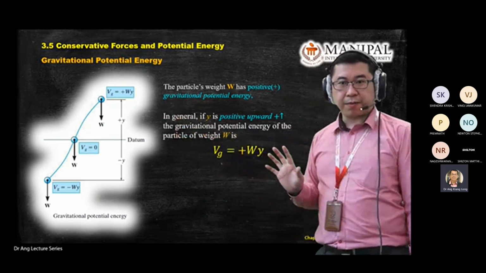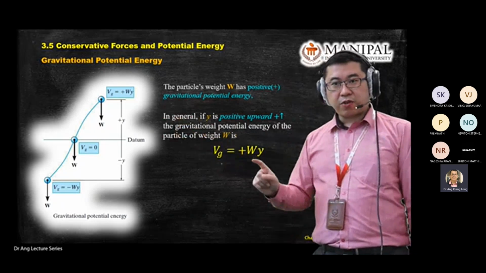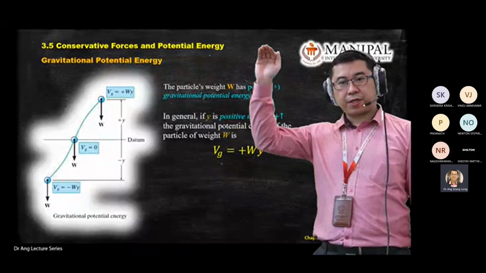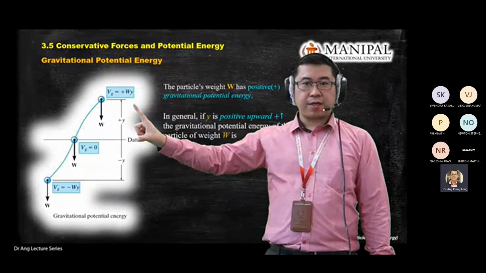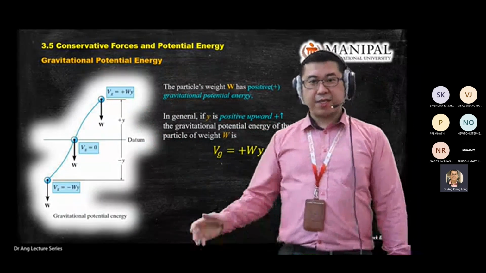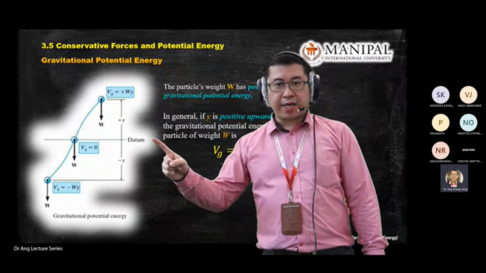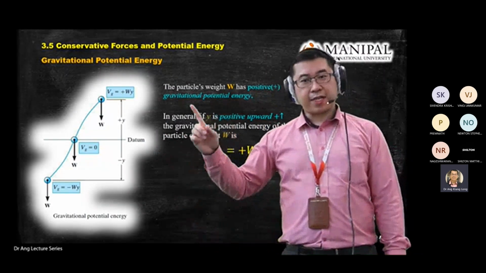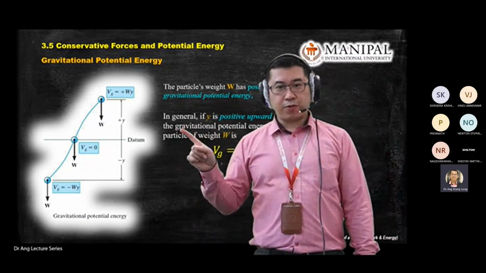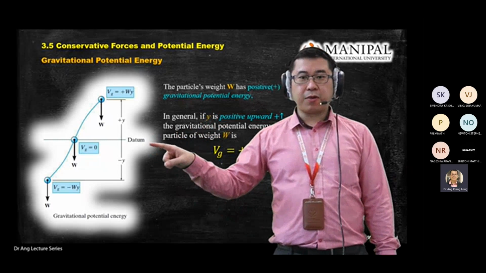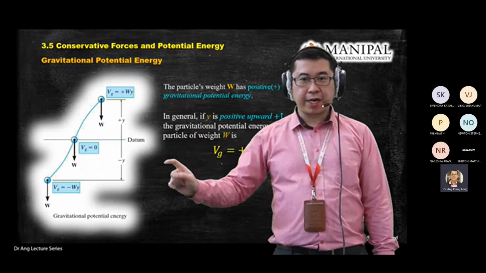So this is what you're familiar with, right? In your physics or in your statics, you always have a positive elevation, right? However, when you come to engineering dynamics, you need to be careful about the datum position. In your statics module or in your secondary school physics, your datum is always below the object.